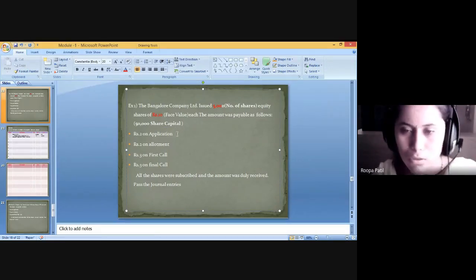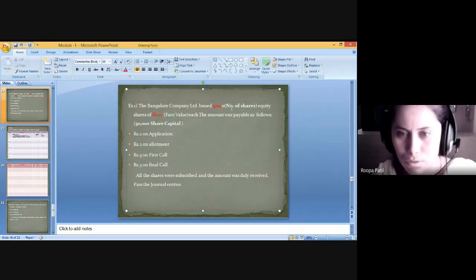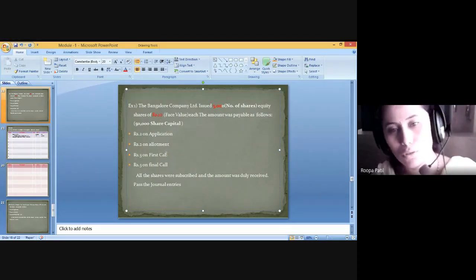So clear the three concepts: 5,000 is the number of shares, 10 is the face value, and 50,000 is the share capital. Clear? That face value of rupees 10 is distributed through the application, allotment, first call, and the final call.